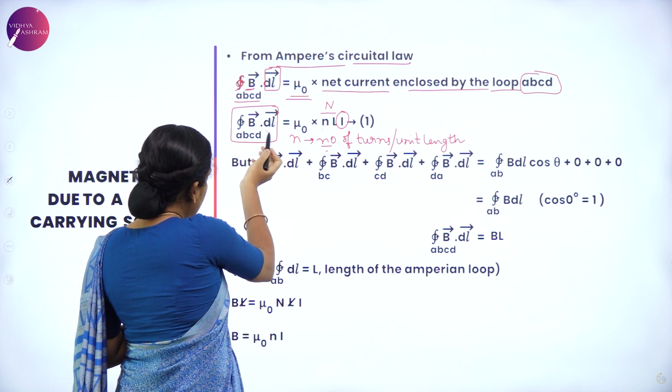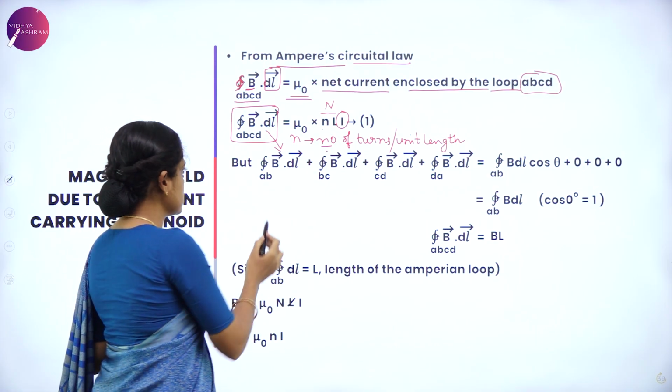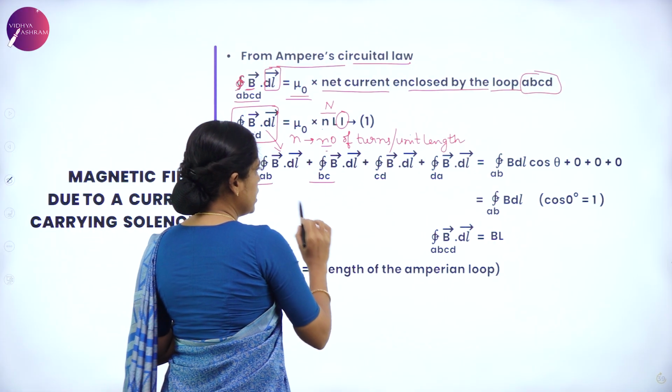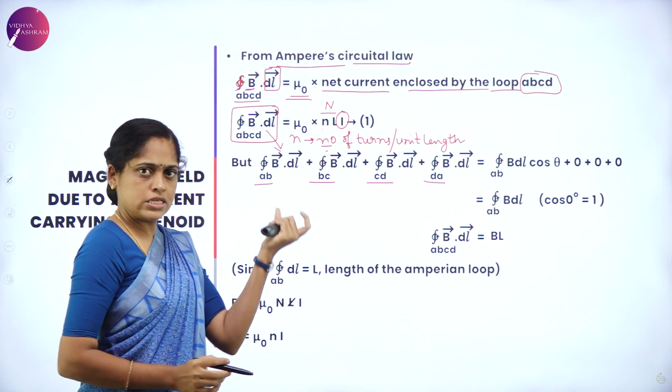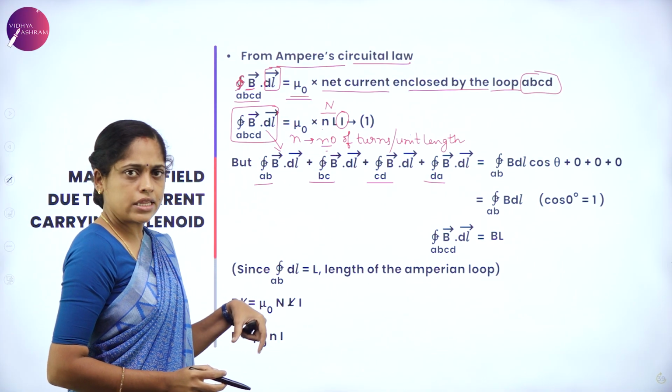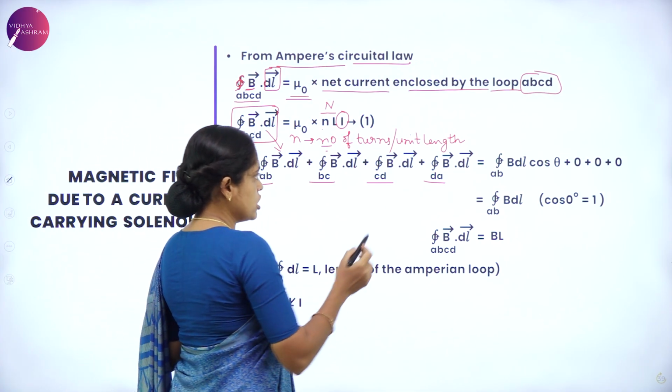Now, let us divide this closed path ABCD into the sides AB, BC, CD and DA.